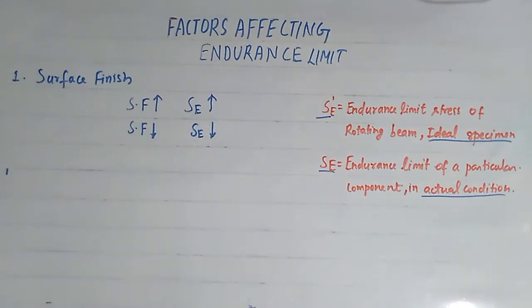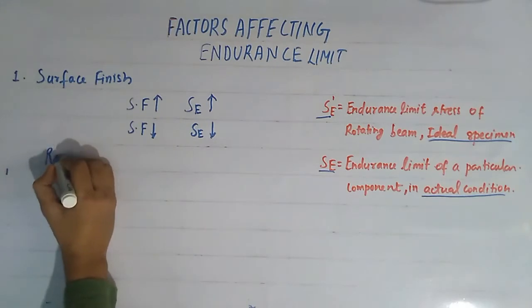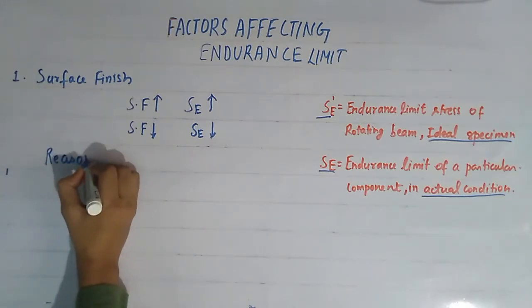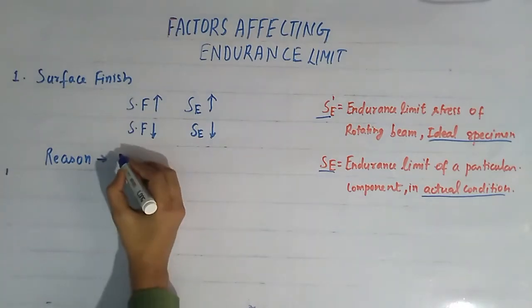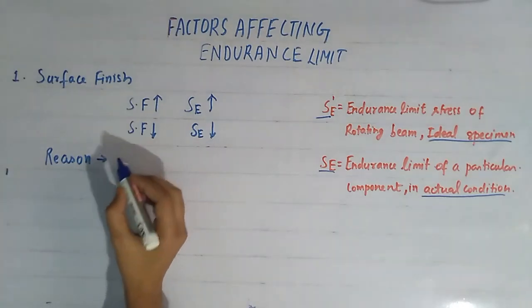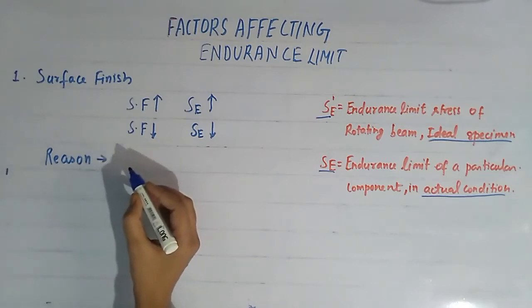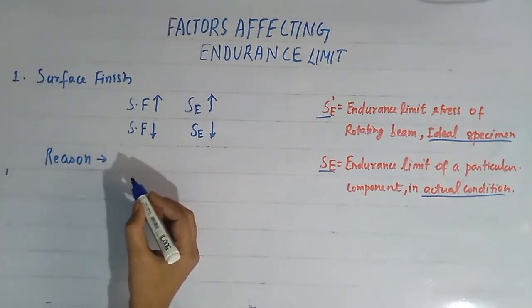This means that a highly polished specimen will have a higher endurance limit, whereas a specimen which has low surface finish will have a low endurance limit. And the reason behind this is that due to the surface irregularities and scratches there occurs stress concentration, which tends to decrease the endurance limit.